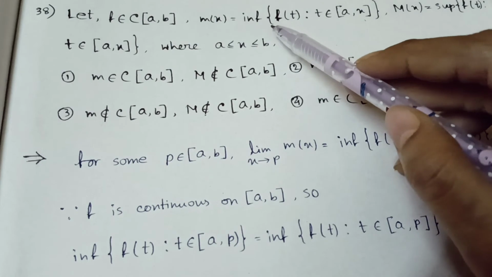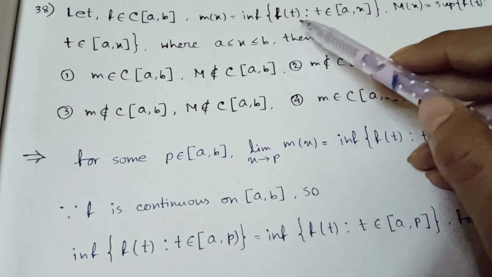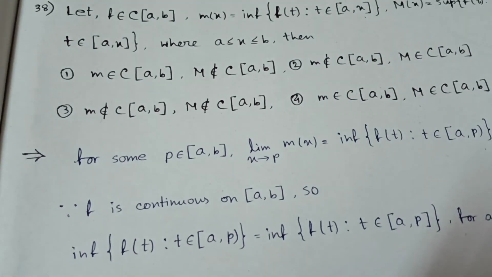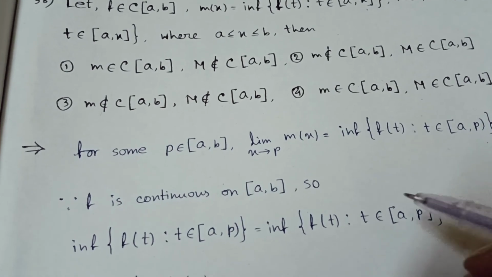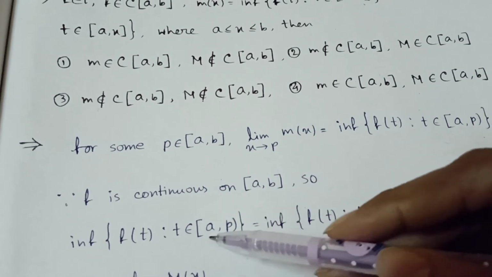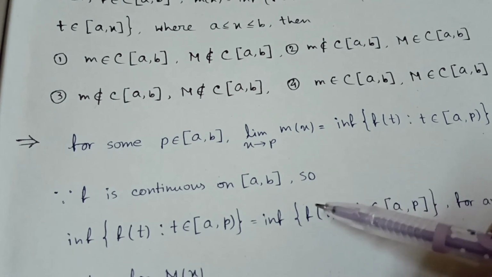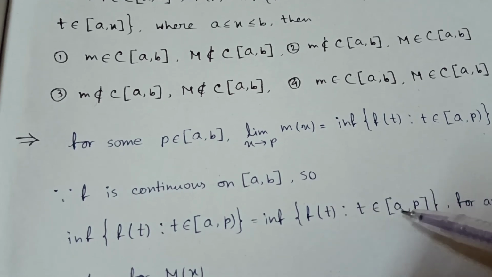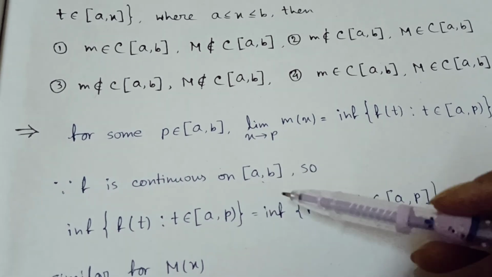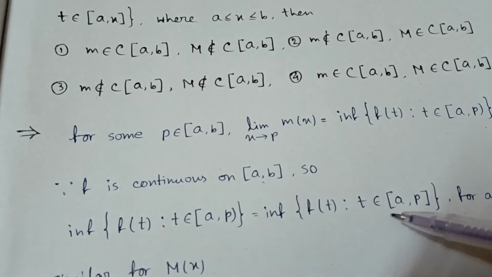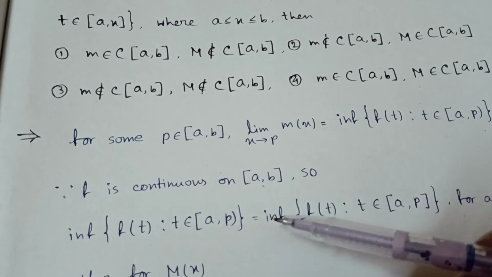So m(x) will tend to infimum of f(t) for t belongs to [a,p). And since we know that f is continuous, so infimum for this region and infimum for this region will be same. This is happening only because f is continuous on [a,b]. So infimum in these two regions are same, since p is a limit point of this set.